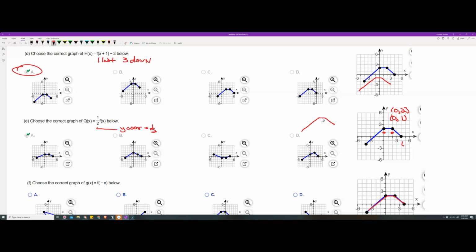Now this has a y coordinate of 0, so when I multiply it by 1/2, it doesn't change. It stays on the x-axis. Okay, this has a y coordinate of -2, an x coordinate of 4. So when I multiply the y coordinate by 1/2, I get -1. So that is a vertical squeeze.